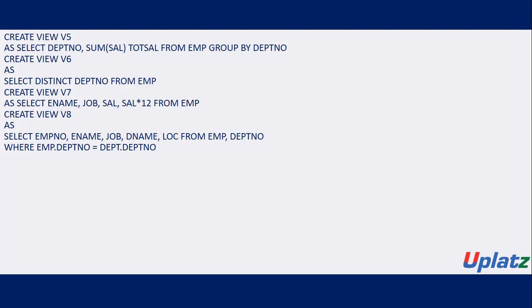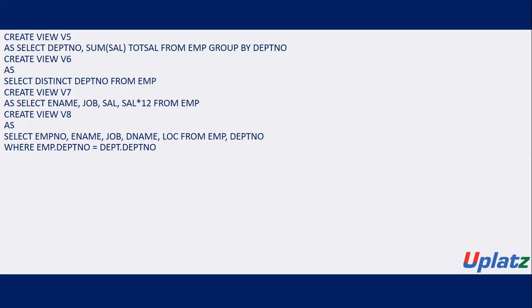So this view is created to fetch the distinct department numbers from the employee table. In case duplicate department numbers exist in the table, this will filter out the duplicates by using the distinct keyword.